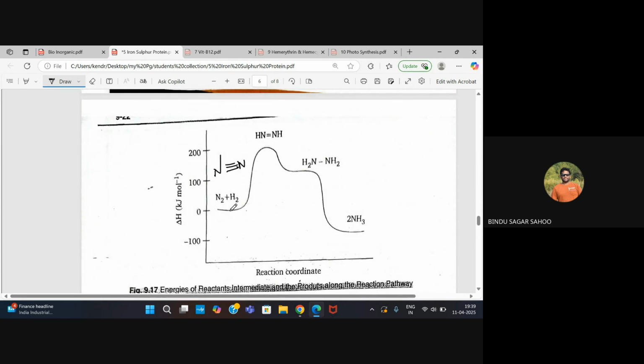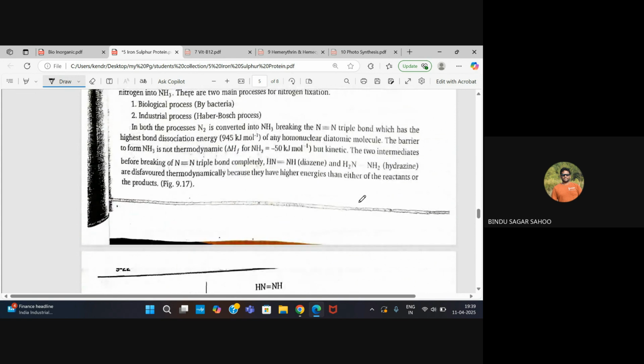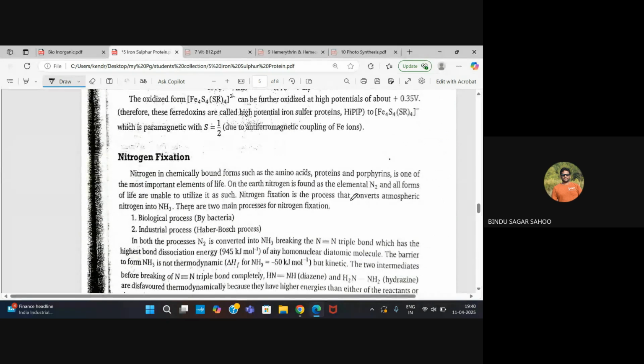So when nitrogen is converted to NH3, it passes through these types of intermediate states. Nitrogen fixation means our aim is to convert N2 to NH3. Nitrogen fixation is the process that converts atmospheric nitrogen into NH3.